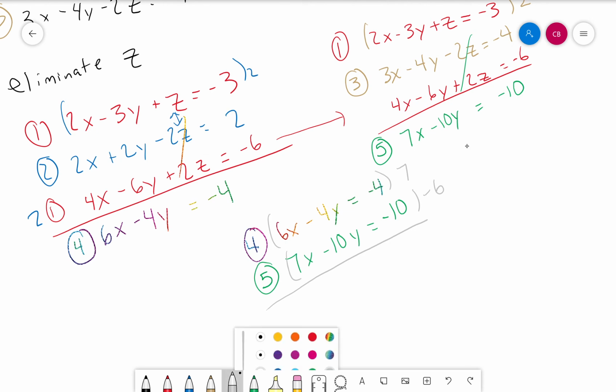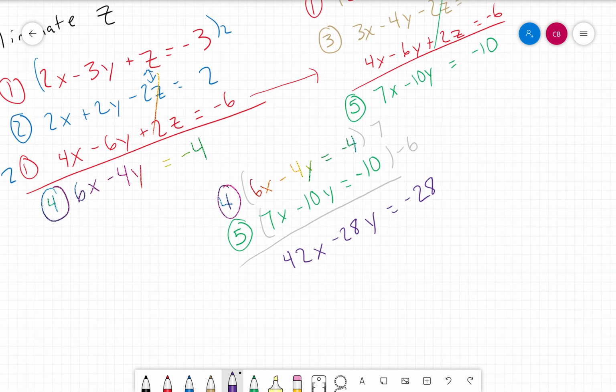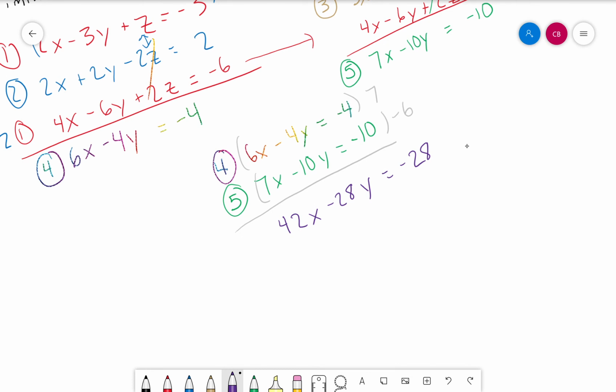I'll change that color because I don't like it. Use purple. 7 times 6 is 42x. 7 times negative 4 is negative 28y is equal to negative 28. Okay, next is going to be negative 42x, minus 6 times negative 10 is positive 60y is equal to 60.